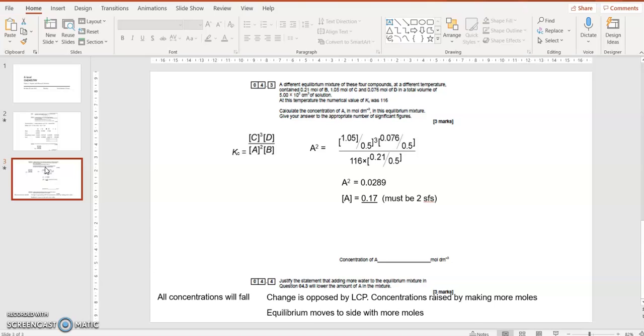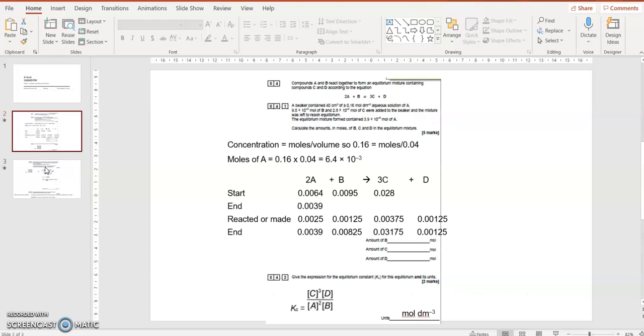Now, if I've got equal numbers of moles on the left and equal numbers of moles on the right, I don't need to divide by volume, because you'd be dividing by the same volume, top and bottom. So if you've got equal moles on the left and on the right, you don't need to divide by volume to change moles into concentration.